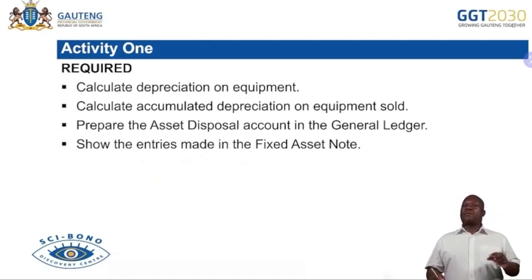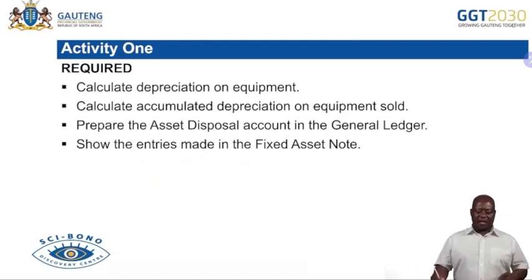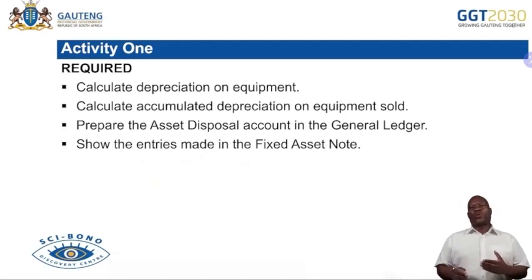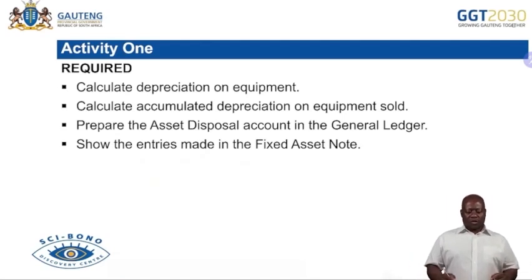Now in activity number 1, please check what's required here. The first thing that we are going to require is to calculate depreciation on equipment. When we do this calculation, I want you to remember sold, old, new. Remember the son. Sold, old, new. And then after that, we have got an issue with disposal here. So we are going to look into the calculation of the accumulated depreciation on the equipment that is being sold.